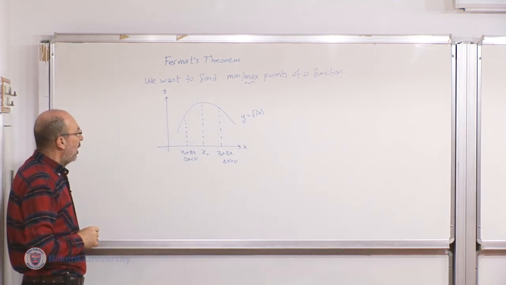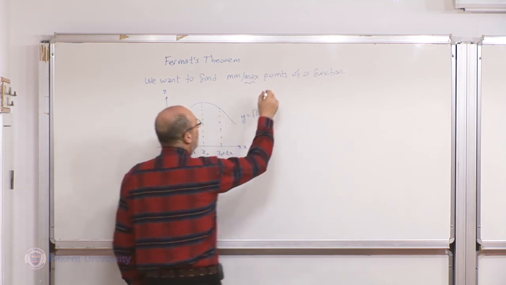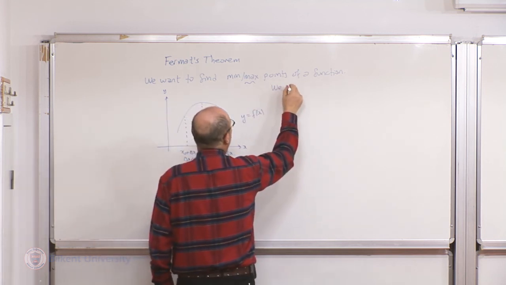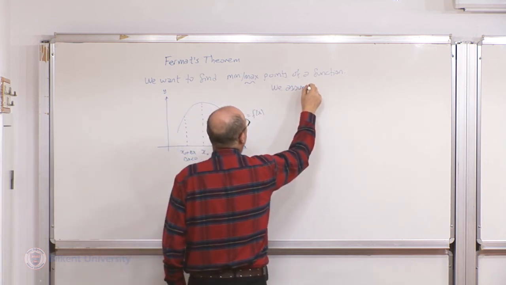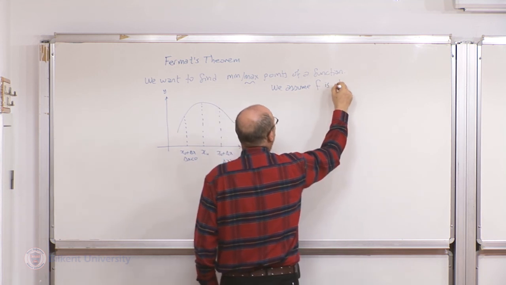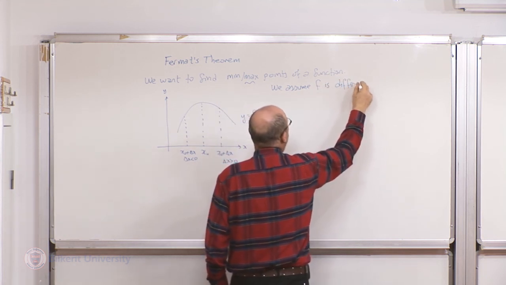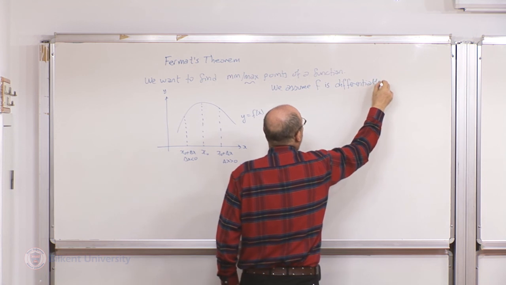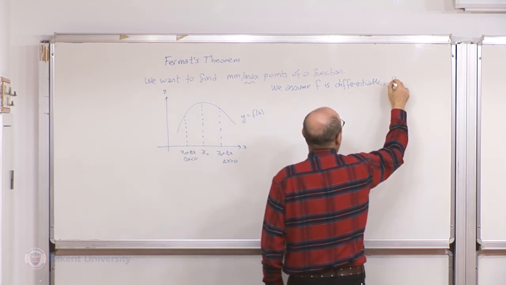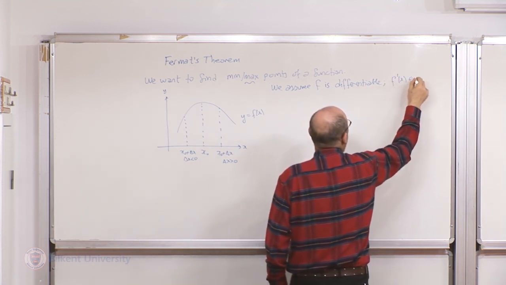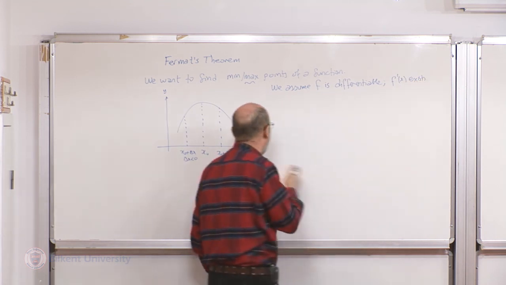Now we assume that f is differentiable. That is, f prime x exists at every point.